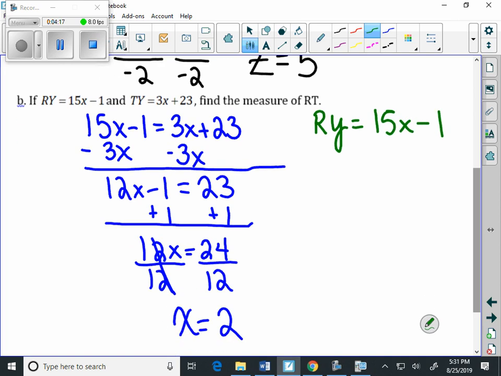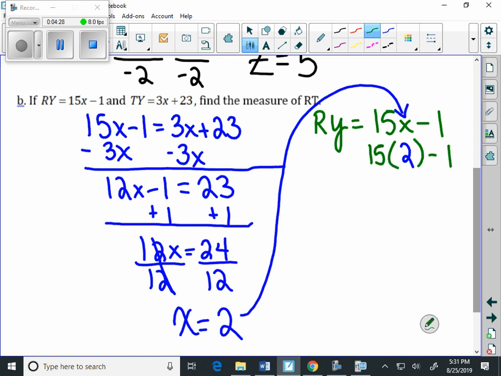What we're going to do is take this value of 2, like we've done on a previous problem, and put that in for x. So we get 15 times 2 minus 1, which is 30 minus 1, which is 29. So RY, segment RY, equals 29.